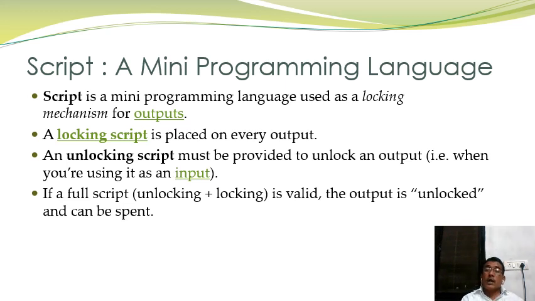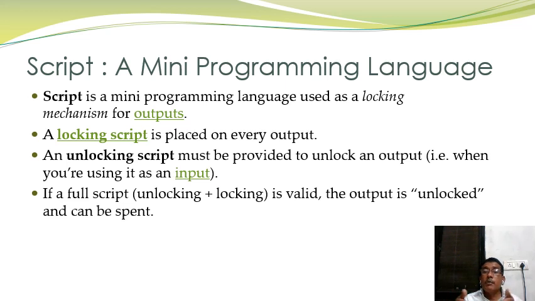So first we have to unlock the outputs, and then we can use those outputs. We can do some operations on those outputs. There may be a number of outputs in a transaction. One address may have a number of outputs, and if we want to transfer some bitcoins, then we need to combine these outputs.